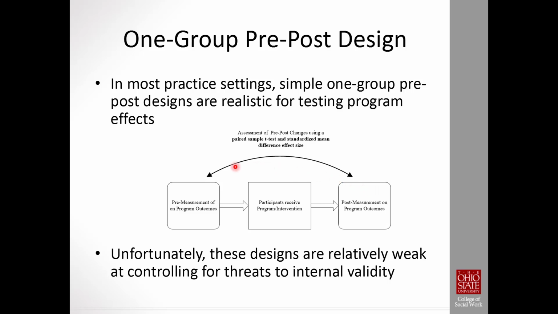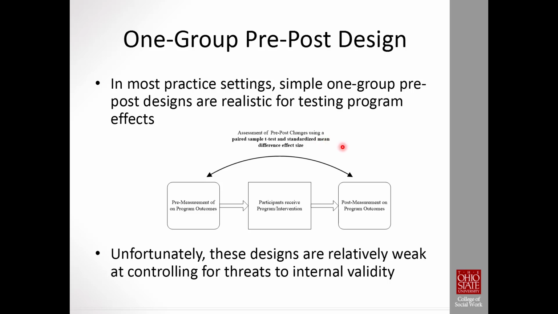Now what we do with that is a paired samples t-test, which is the two-headed arrow, and compute a standardized mean difference, which you by now know is very important to me, and typically it's Cohen's d.